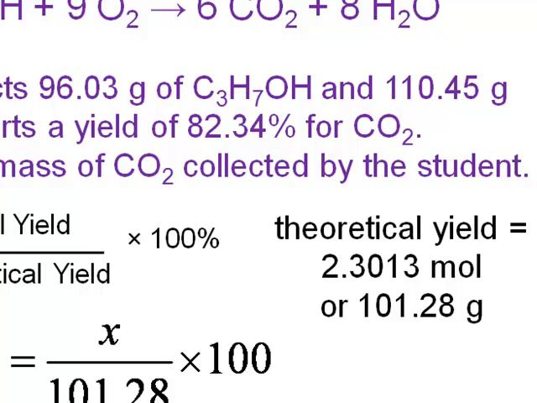So usually the easiest way is to convert this into moles, and moles into grams, and use the grams over grams. You could also do actual yield in moles, but then you have to convert to grams at the end anyways. So using this equation, you can solve for percent yield if you have these two, or you can solve for one of these two if you have the other ones.